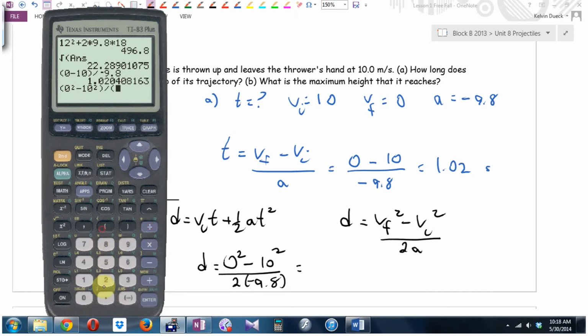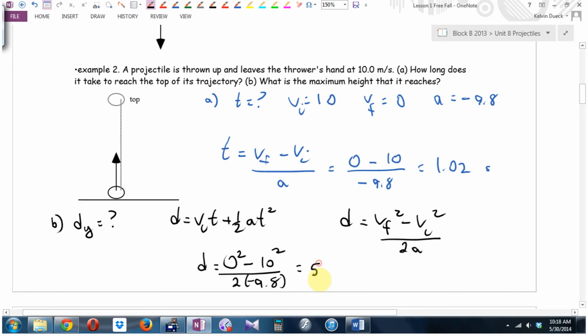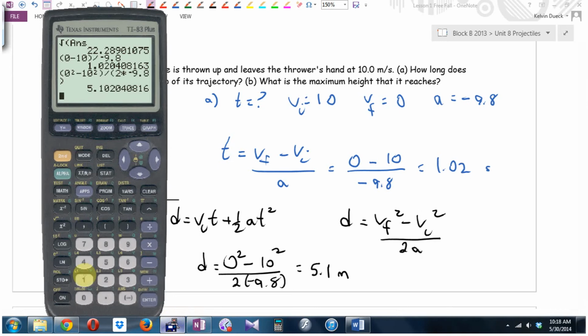Divided by 2 times negative 9.8. I get 5.1 meters. And then quickly I could also say 10 times 1.02 plus a half times negative 9.8 times 1.02 squared. And I get 5.1 meters. And I smile and I say, I know I'm right.